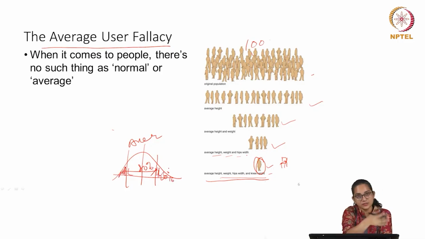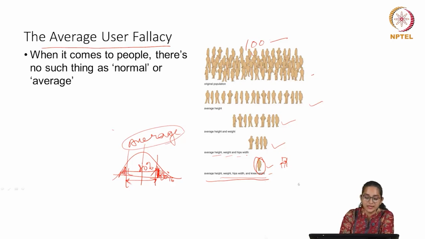But based on these 2 stories and case studies, we can clearly see that if we rely on the average dimensions, average parameters, we are definitely not catering to the 80% at all, and that we need to look at different types of methods of customization, different types of methods to cater to a wider set of audience, and do not look at average as any sort of indication at all.